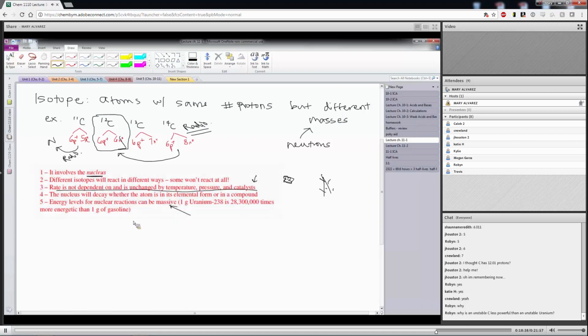It's because the energy in a gram of gasoline doesn't come from the gasoline being nuclear unstable. It comes from chemical reactions, right? Gasoline is C8H18, and it undergoes this chemical reaction where it combines with oxygen to form water and carbon dioxide. So here's your energy level for C8H18 and oxygen, and here's the energy level for water and carbon dioxide.